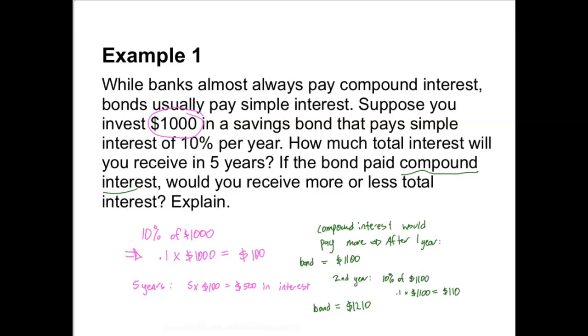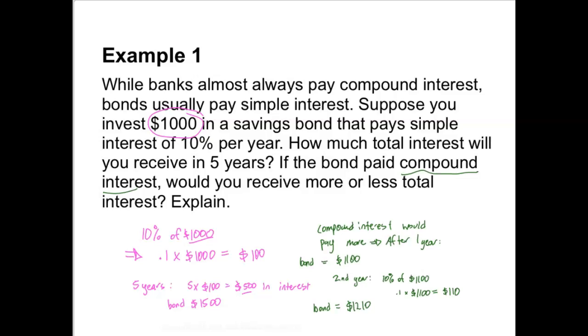So you can see, whereas the original simple interest bond is just going to be worth $1,500 after 5 years, which is the original $1,000 investment plus the $500 in simple interest earned.